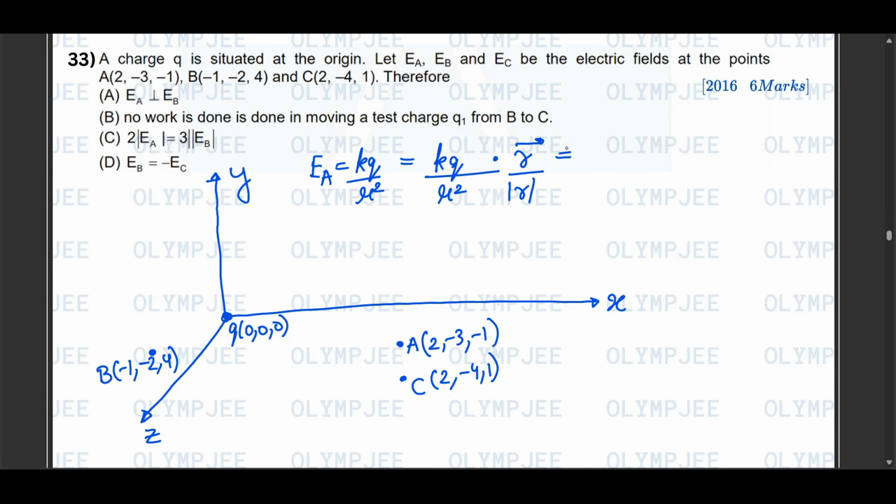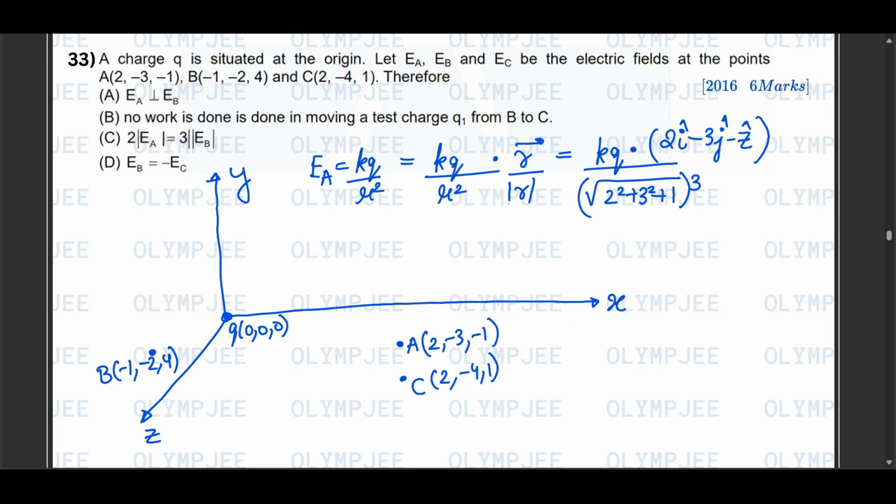So this will become kq by (2 square plus 3 square plus 1) raised to power 3/2 multiplied by 2i minus 3j minus k.